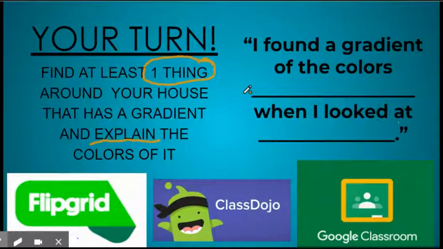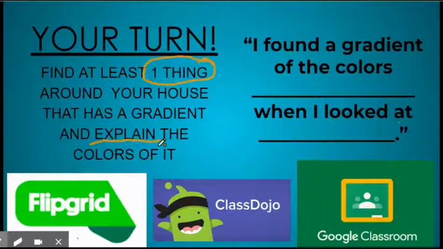Remember that you can go outside if you want to find a gradient, maybe in flowers, in leaves, or if you want to take a peek at the sky during a sunset. You can also stay inside and just check out some things maybe in your closet or some artwork that you created that maybe has a gradient, but just make sure that you don't forget to explain it.